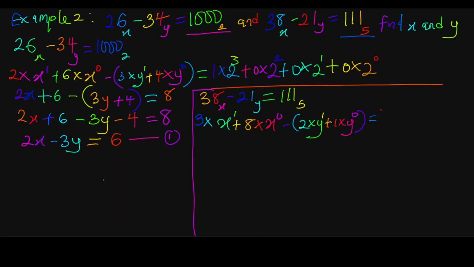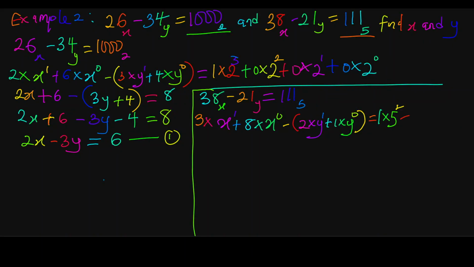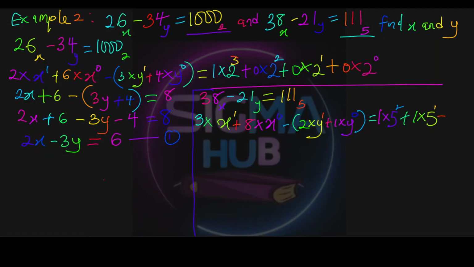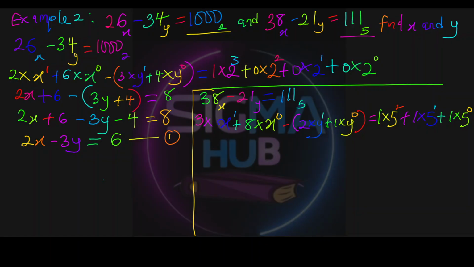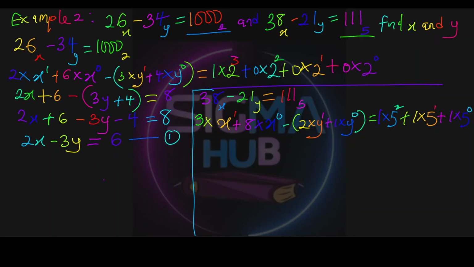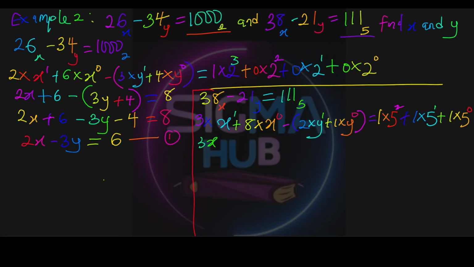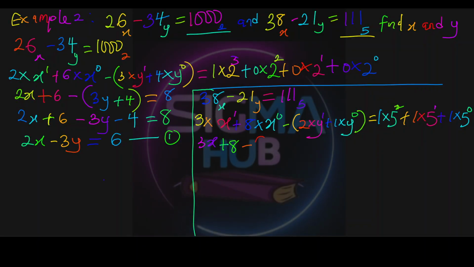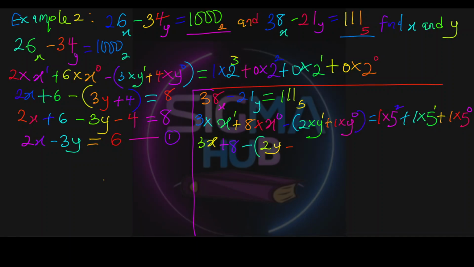So we have 1 times 5 raised to the power of 2 plus 1 times 5 raised to the power of 1 plus 1 times 5 raised to the power of 0. So from here we have 3x plus 8 minus, open your bracket, 2y plus 1.